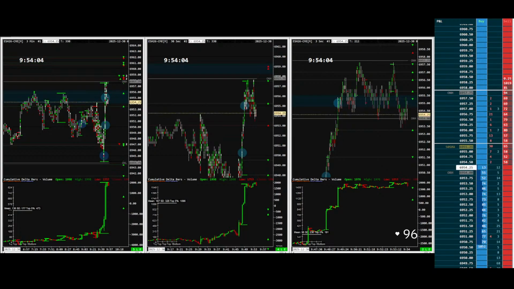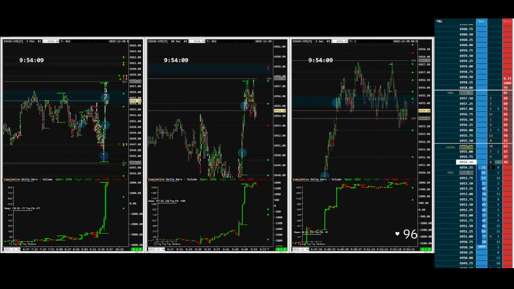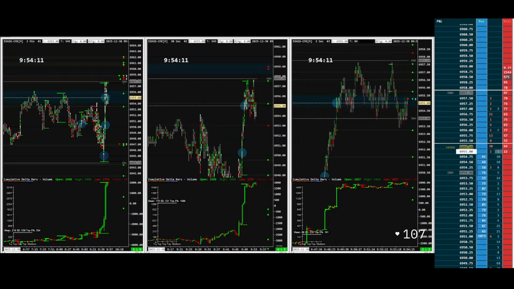I'm a little concerned about that giant reclaim today. Seems more fade-like. But we know that this 55 is being abused. It doesn't seem to be rolling hard.